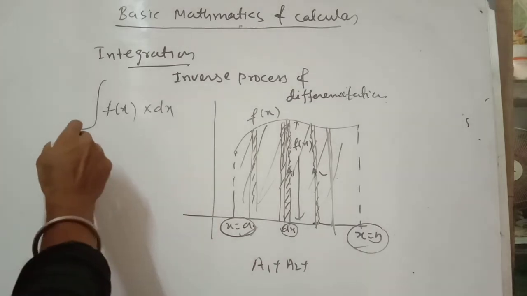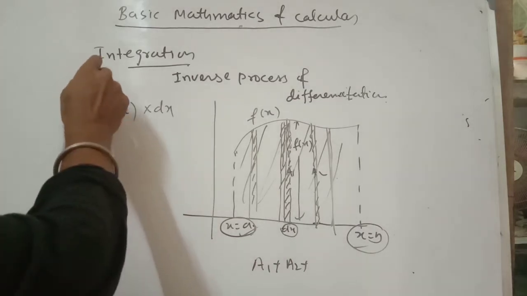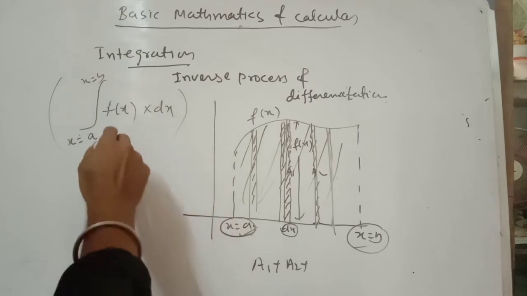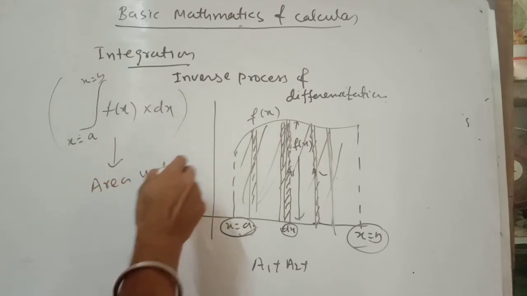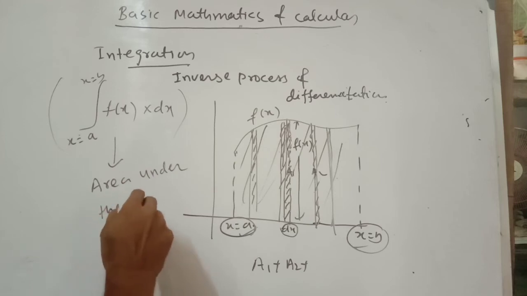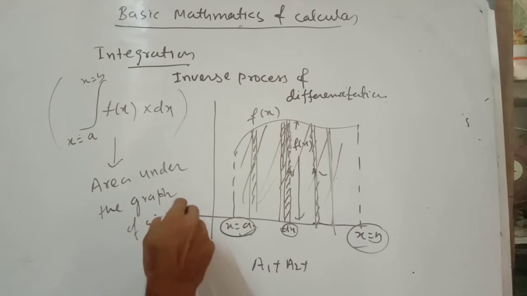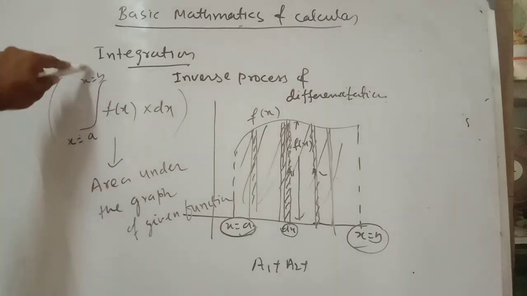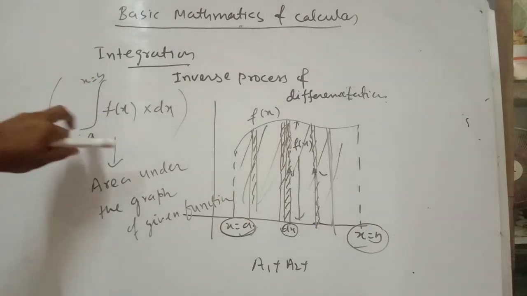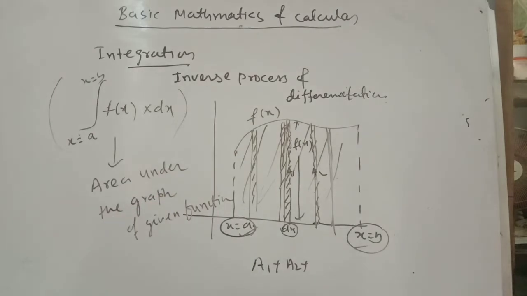So the meaning of this integration is nothing but finding the area under the graph of the given function. The physical or geometrical meaning of integration is just the area under the graph of the given function.